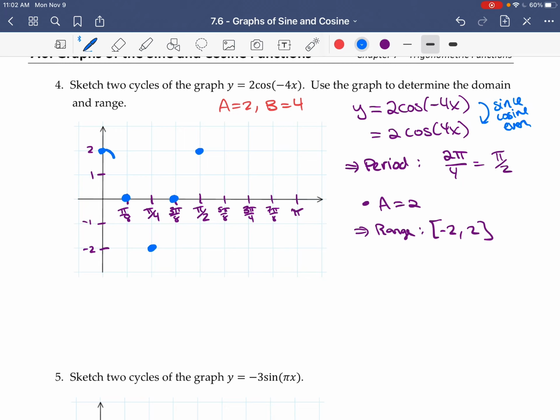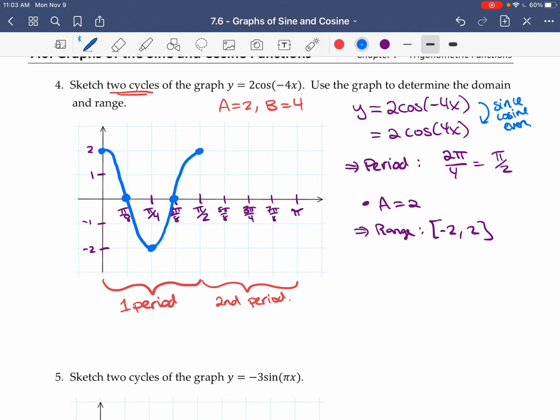So our graph, this is 1 period, is going to look like that. From here to here, this is 1 period. So it wanted us to do 2 cycles. So that's 2 periods. So this is a second period, or cycle.